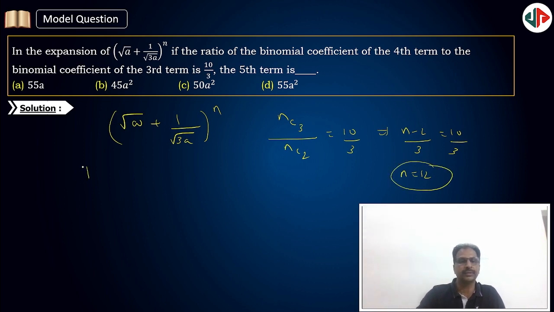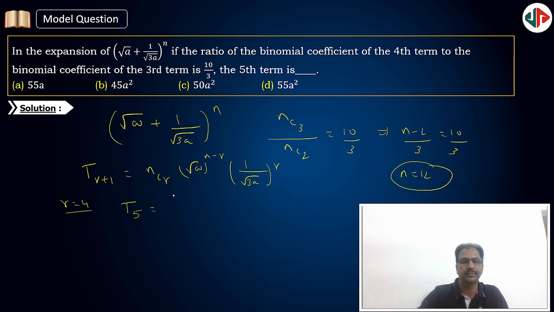Now the question is the fifth term, right? General term T(r+1) is nCr (root a)^(n-r) (1 by root of 3a)^r. To find the fifth term, put r equal to 4. Then T5 is equal to 12C4 (root a)^8 (1 by root of 3a)^4.